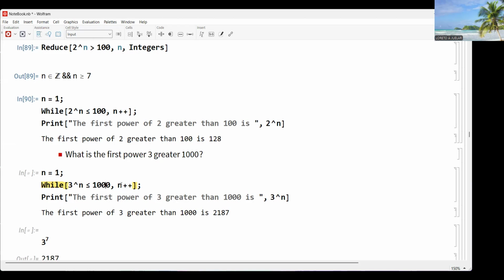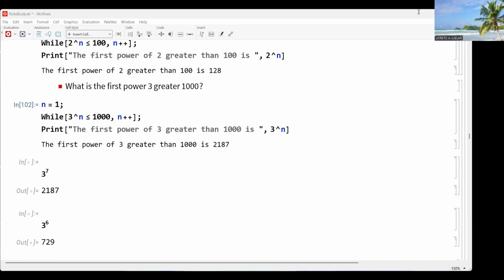Okay, so the problem here is what is the first power of 3 greater than 1000?